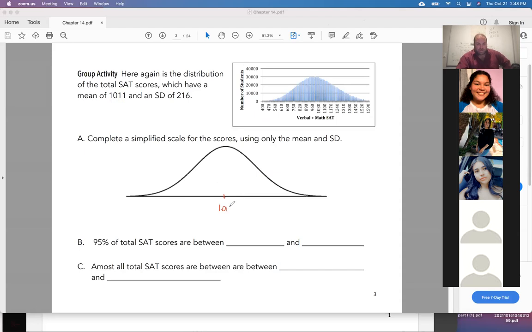And how far from the center do I go before I've reached 1 deviation out in either direction? Would this be it? Higher. Here? I think a little bit higher than that. Here? Somewhere there. Yeah. Okay, ballpark.